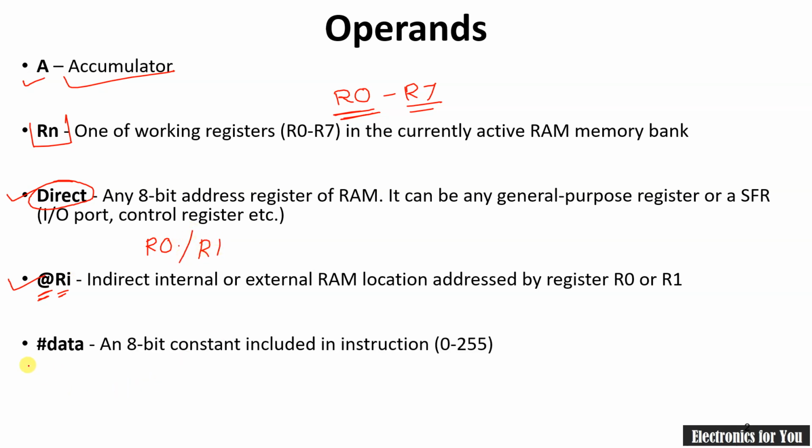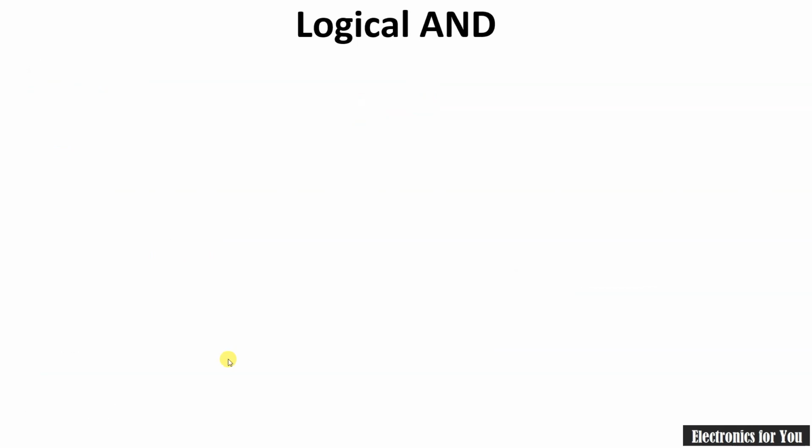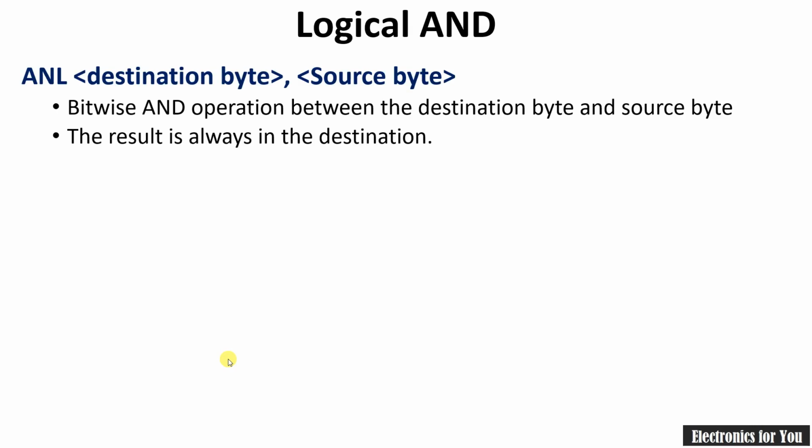Then #data includes the 8-bit constant value which may vary from 00H to FFH, and register B is indicated by B. Let us see the first instruction.